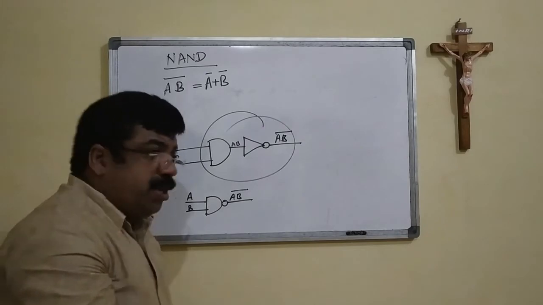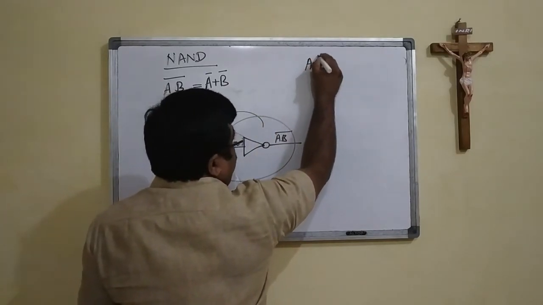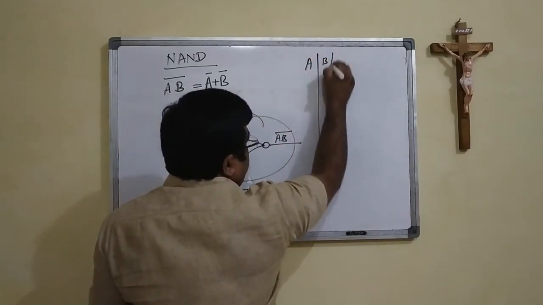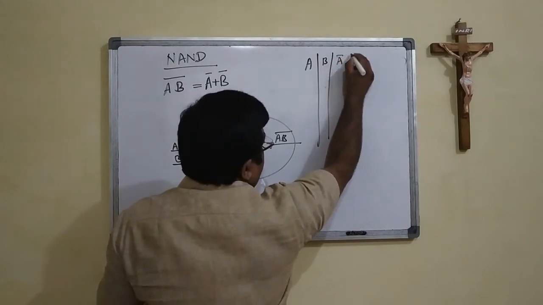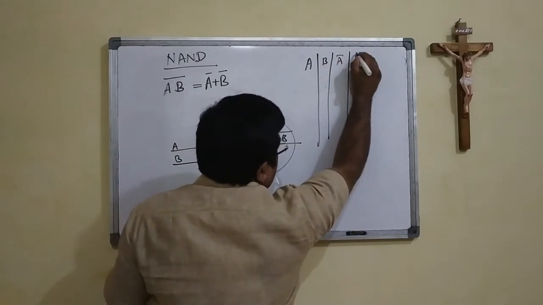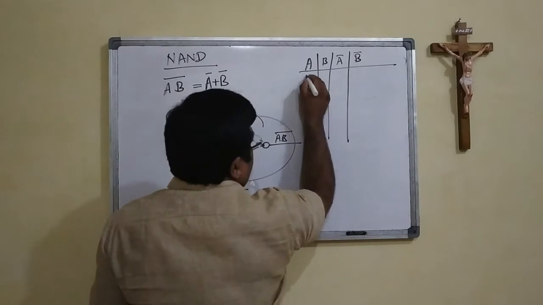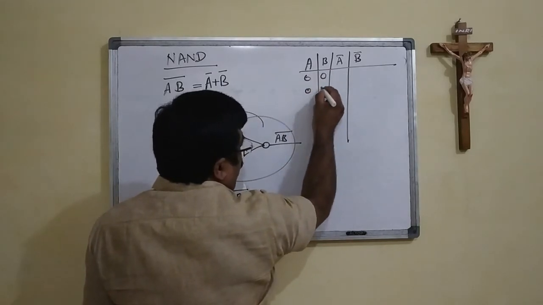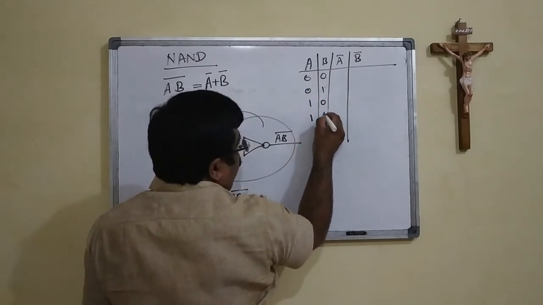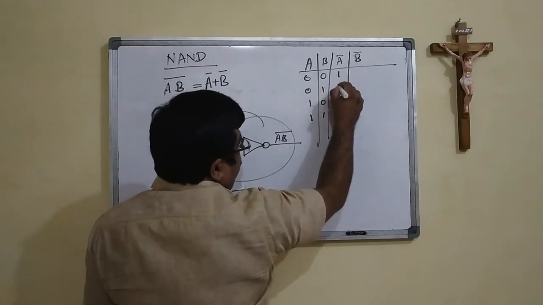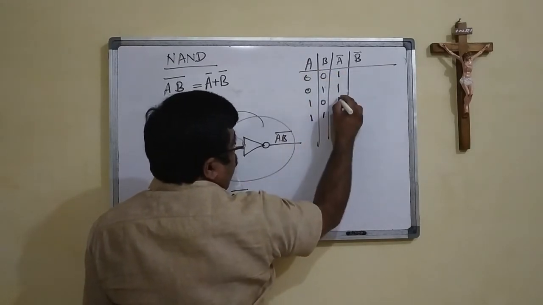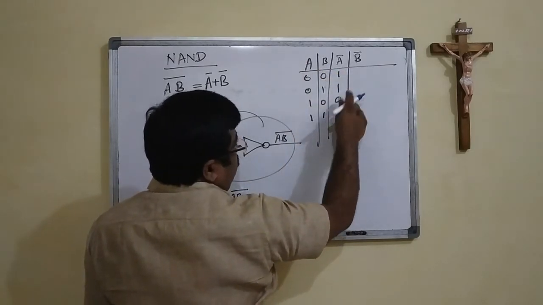Let us see the truth table. A is there, B is there, A bar is there, B bar is there. 0 0, 0 1, 1 0, 1 1. A bar will be 1 1, complementing. 0 0 complemented.